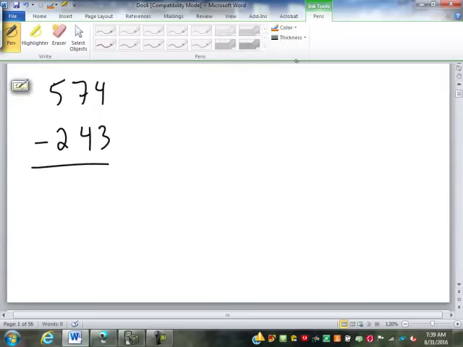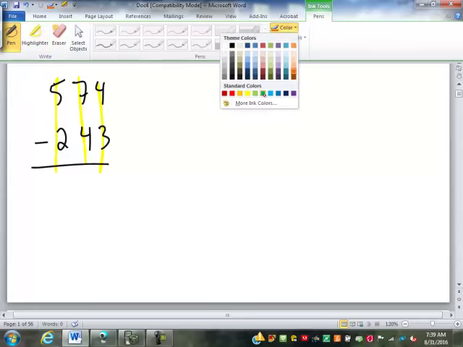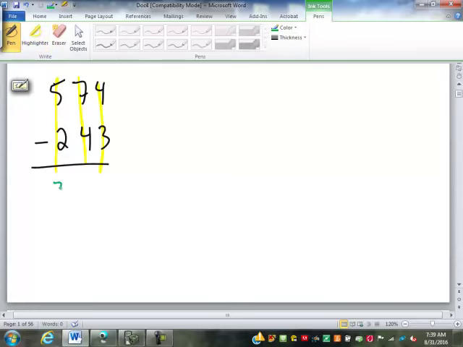Now I could write these out in their long form and do what I did with addition, but I think you get the point by now that the place values have to be lined up, because in addition and subtraction you only combine digits with the same place value. So once they're lined up, we can just go ahead and subtract. 5 minus 2 is 3, 7 minus 4 is 3, and 4 minus 3 is 1. 331.